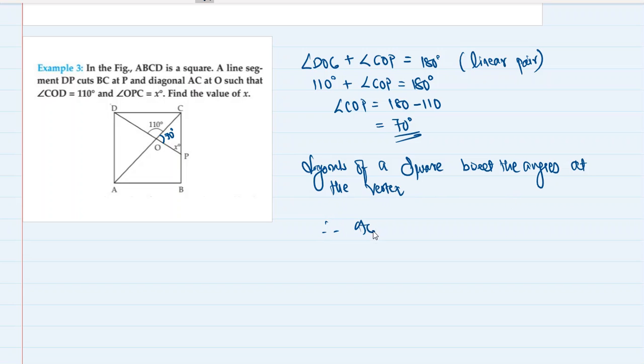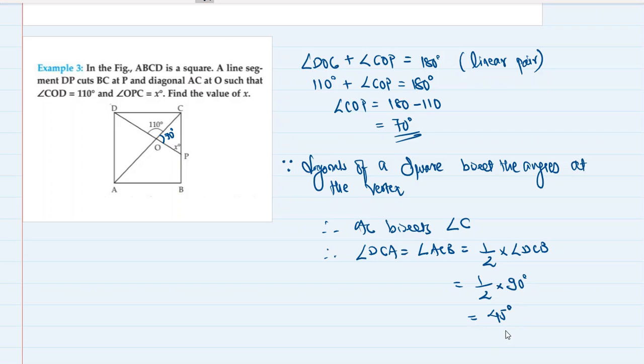Therefore AC bisects angle C. Therefore angle DCA is equal to angle ACB, which is equal to half of angle DCB, which is half of 90 degrees, which is 45 degrees.